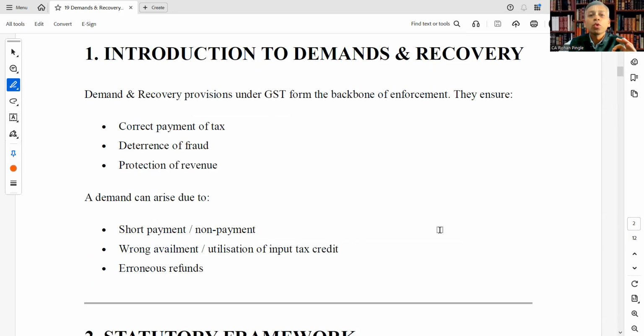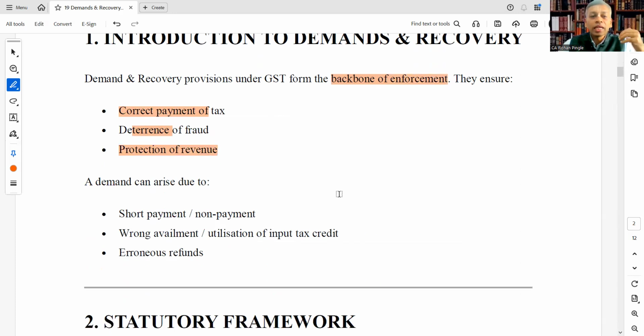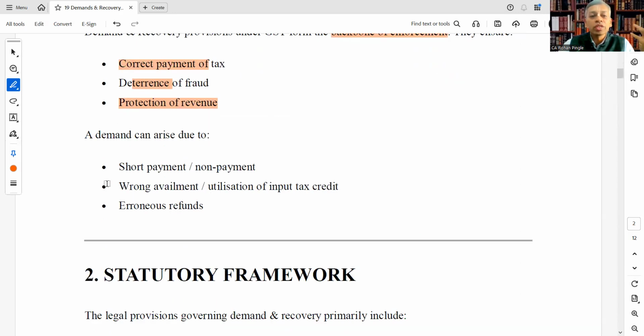Demand and recovery provisions under GST form the backbone of enforcement. They ensure correct payment of tax, deterrence of fraud, and protection of revenue. So a demand can arise due to what reasons?